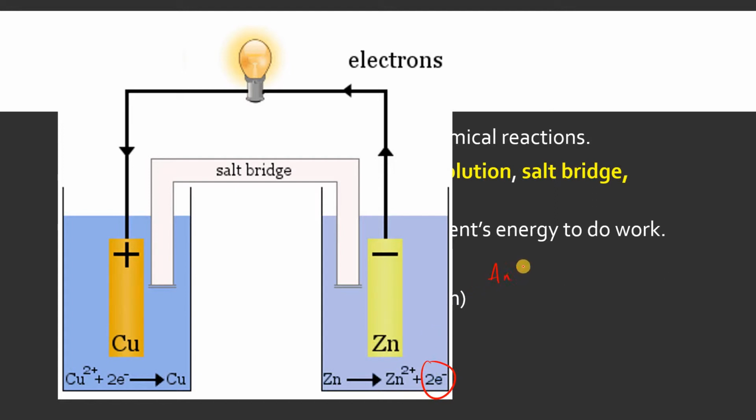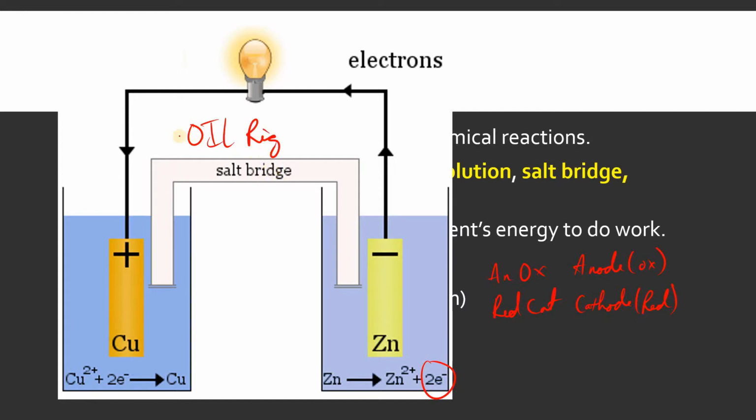The statement is an ox and a red cat. So the oxidation happens at the anode, and cathode is where reduction happens. Again, you need to know this statement, oil rig. This is part of a redox reaction from chemistry, oil rig.